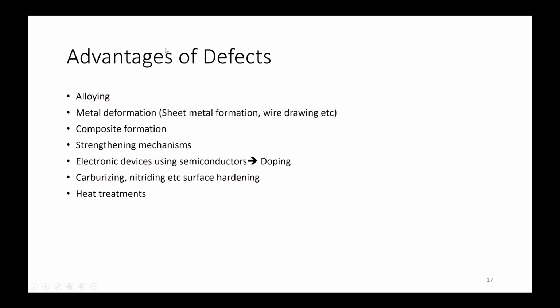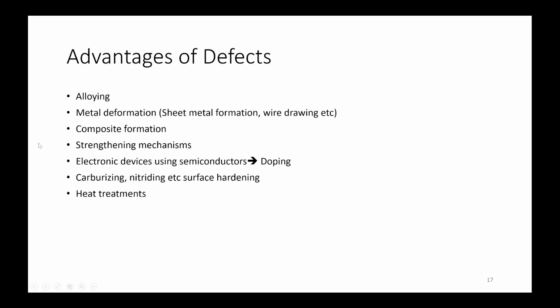Now there are other advantages of defects as well. As I told earlier, alloying and semiconductors, so there is also metal deformation. Deformation of metals requires formation of dislocations and vacancies. These all are defects which are required for making sheets, wires, etc., using sheet metal formation, wire drawing, etc. Composite formation. For increasing stiffness of metals, we also form composites.